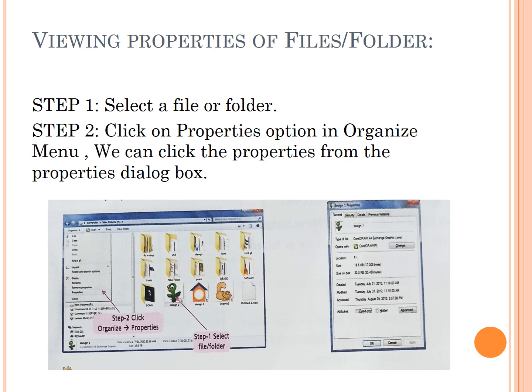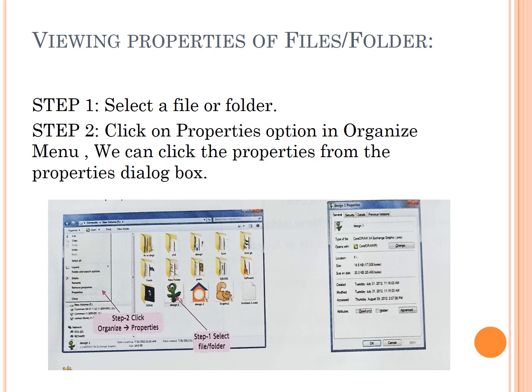Below is a picture which helps you to view the properties of files. Step 1, select the file or the folder. Step 2, click on Properties from the Organize menu.